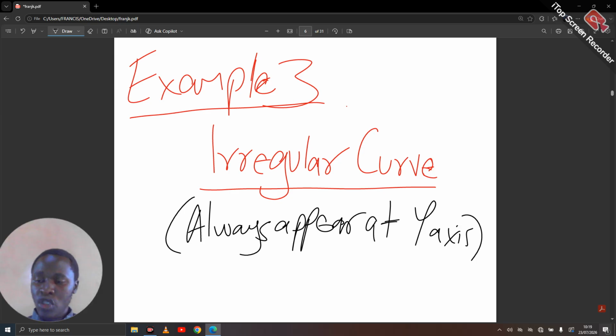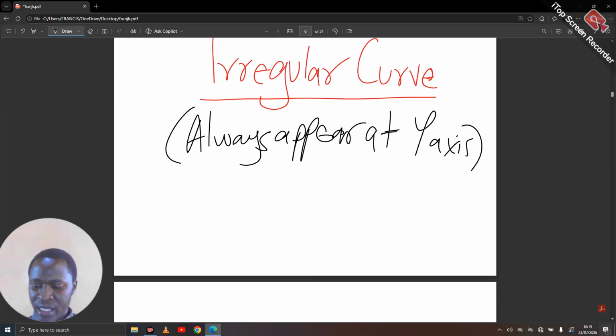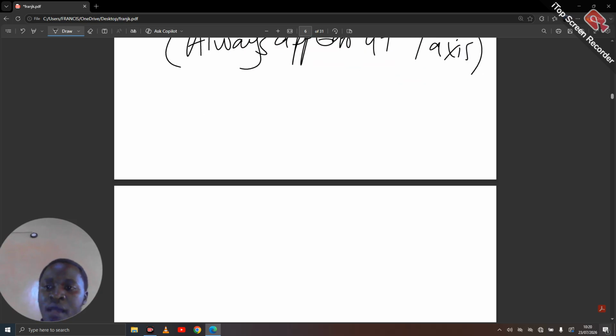That is what we are discussing here. Listen, these types of curves do not cut through the x-axis. They don't.